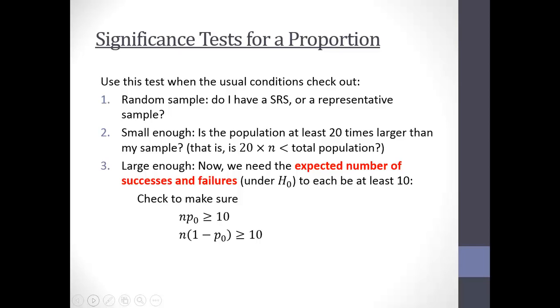Getting a little ticky-tacky here, but with a confidence interval, we were using the actual number of successes and failures that we got, and making sure those were at least 15. Here we want to make sure that our expected successes and failures are at least 10. And by expected, I mean if the true proportion really is p0, what would my expected successes and failures be?